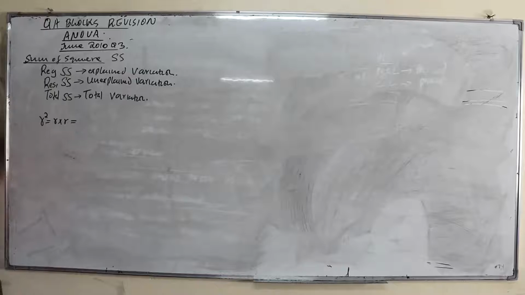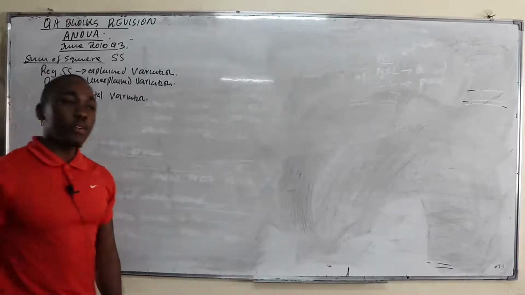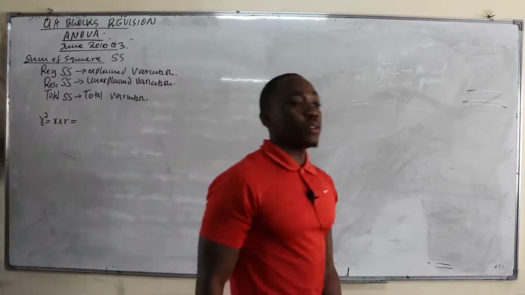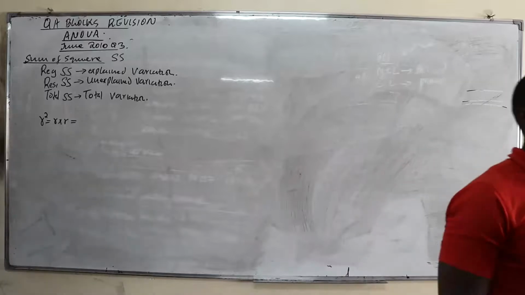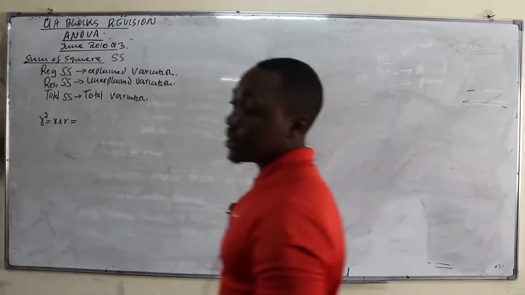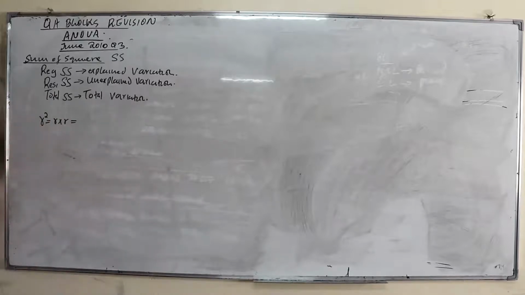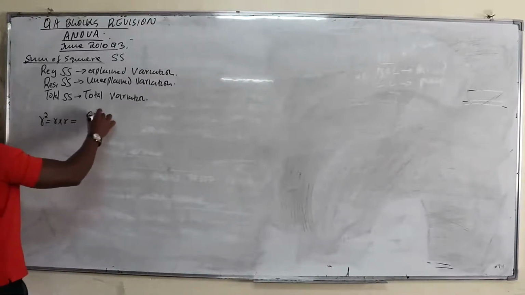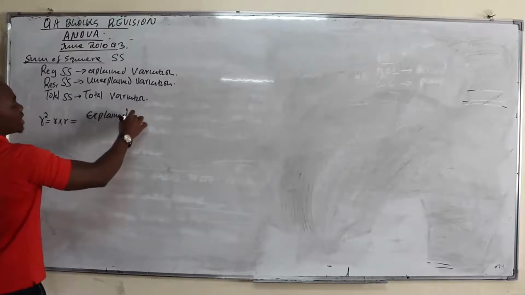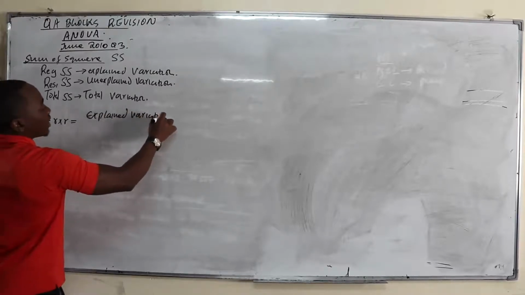Or I give you another formula. Who can remember? You can just confirm. How do we get the coefficient of determination? Explained variation divided by what?